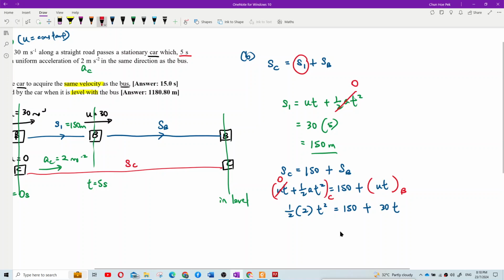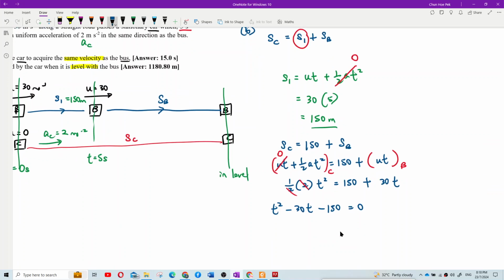So I think for this one you can use quadratic. So t, you get t square minus 30t minus 150 equal to 0. So can you find the t?